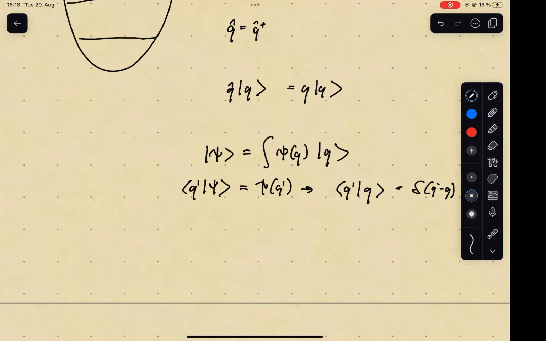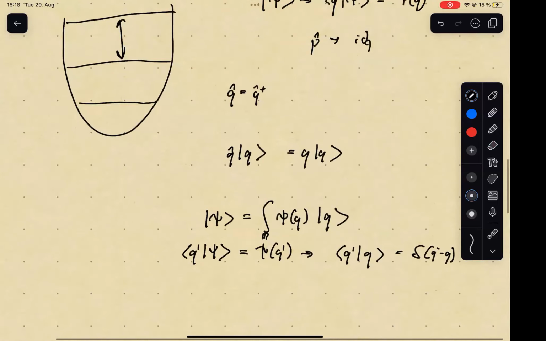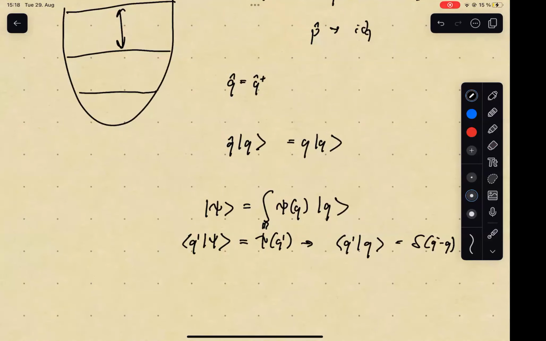Of course, the spectrum is infinite, and my integral here goes over the real line. There are all of these mathematical nuances which are annoying, but they are not so important for us. The main thing is that there exists some basis that labels positions. Every wave function, which is just an element of Hilbert space, doesn't care about any basis; you should be able to measure the state with respect to any observable.